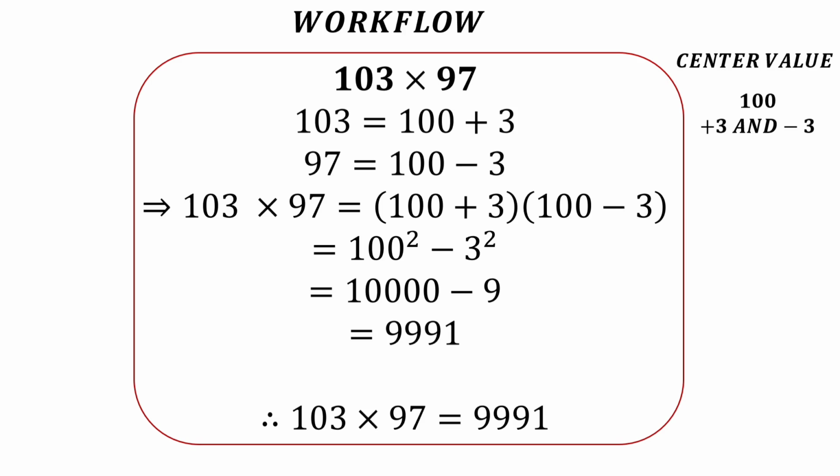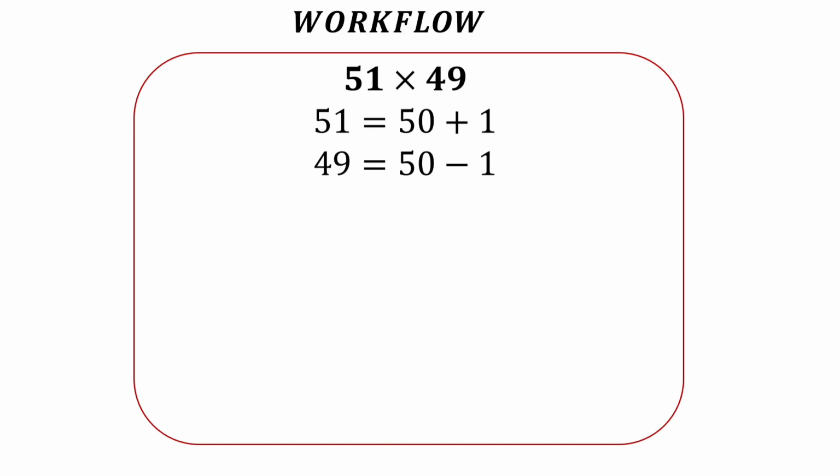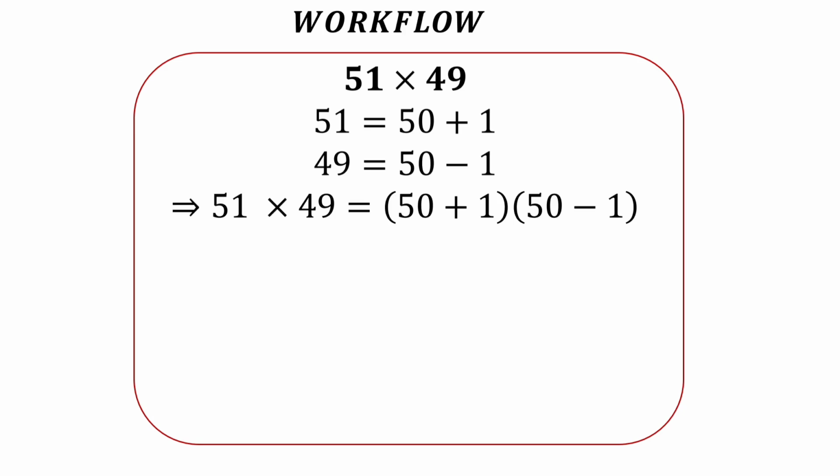Very simple. So moving on to the second example, we have 51 times 49. This works very simple. We can see that the center value for this one is 50. So 51 can be written as 50 plus 1, 49 can be written as 50 minus 1, then 51 times 49 can be written as this.